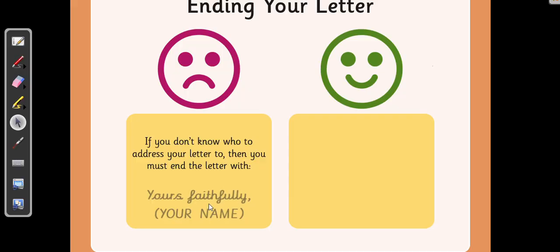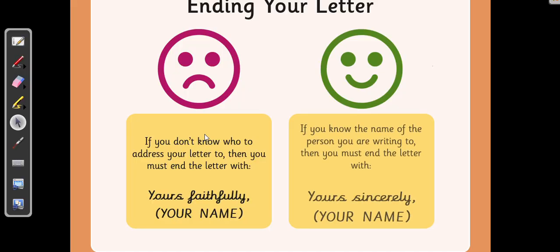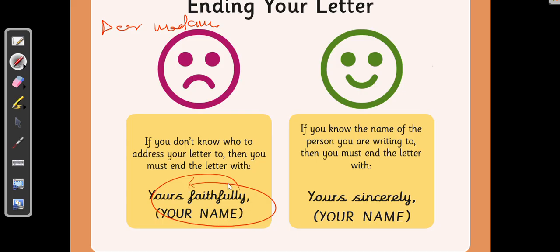And then for ending your letter, if you don't know who to address your letter to, that is, you don't know their name, for example, you started your letter with something like dear madam, then for your subscription, because you do not know their name, you use yours faithfully. Your signature, then your full name.